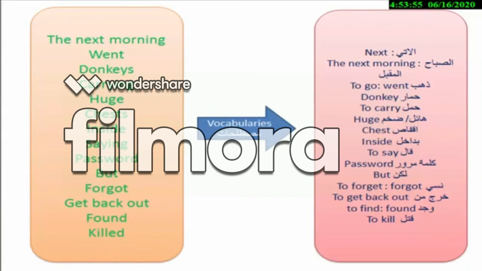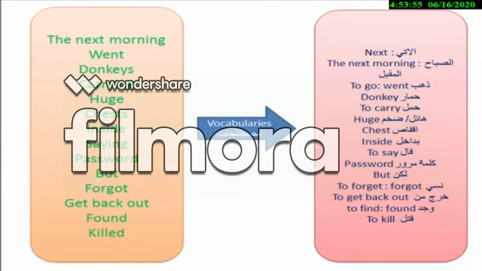Now let us move to the right side to explain. The next means the following. The next morning means the coming morning. Morning. To go, this verb to go, in the past becomes went. It is irregular: I went, you went, he went, etc. From I till they. We have also the word donkey, and the plural donkeys.